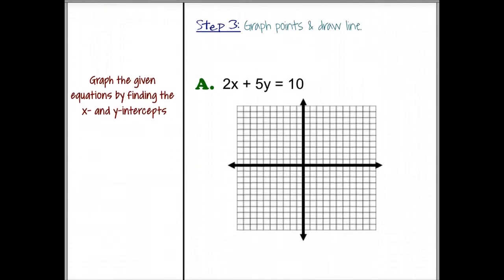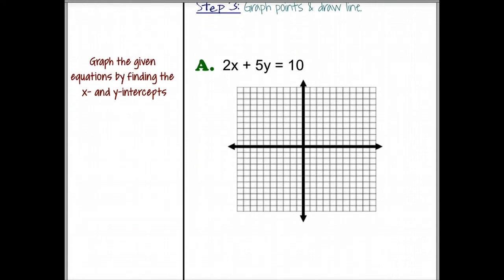So if we look at this graph, we want to find the x and the y intercepts. When we find the x-intercept, we're plugging 0 in for y. So we have 2x plus 5 times 0 equals 10.